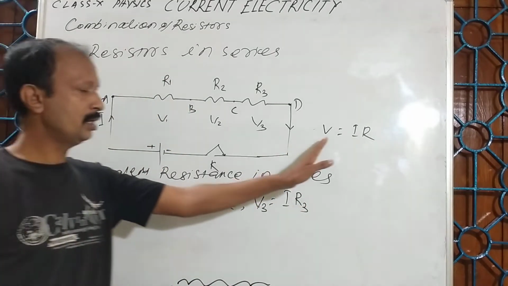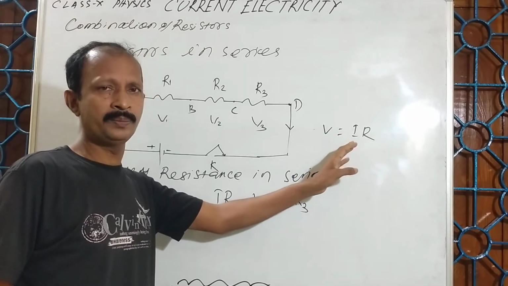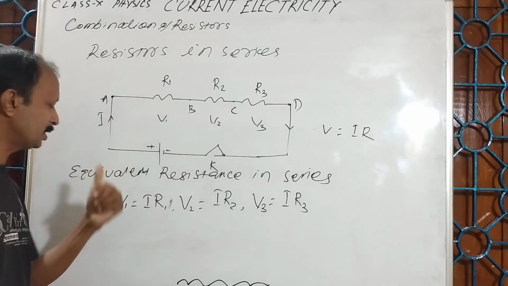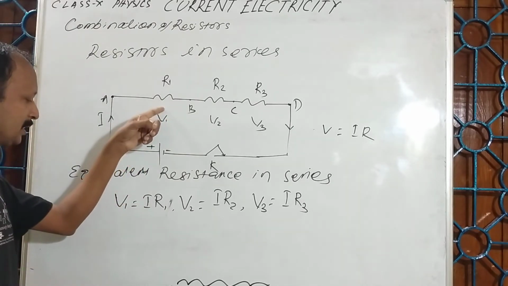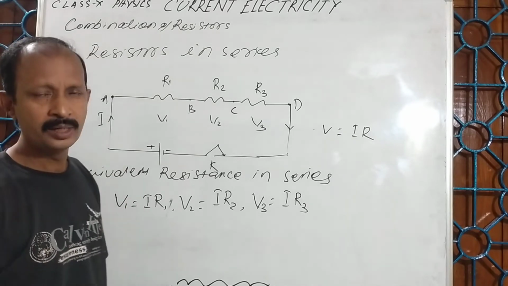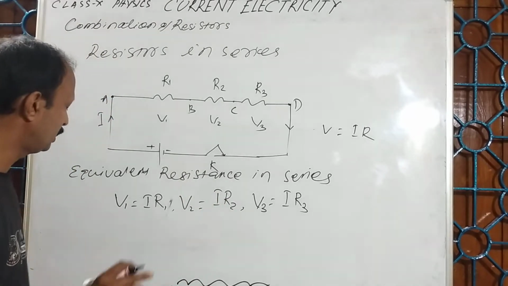Clear? Because we know that voltage is the product of current and resistance. If the voltage is V1, current is I, resistance R1, then V1 is equal to IR1, V2 is equal to IR2, V3 is equal to IR3.